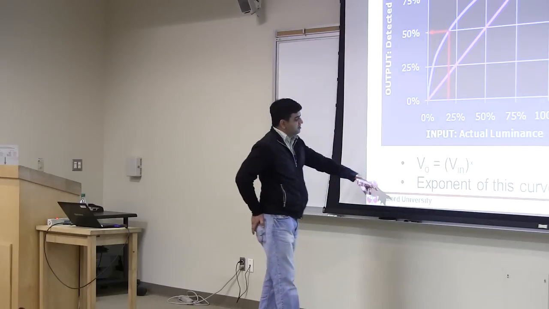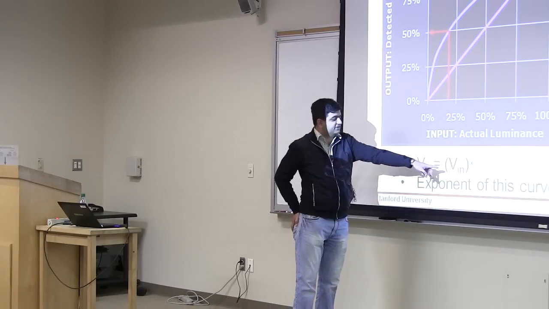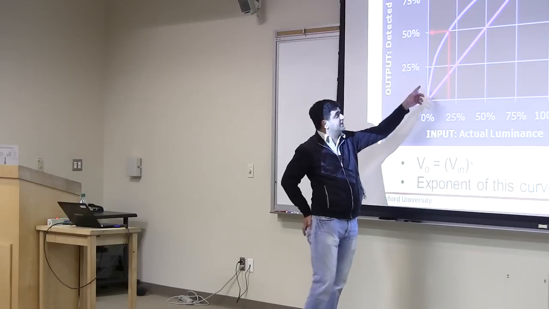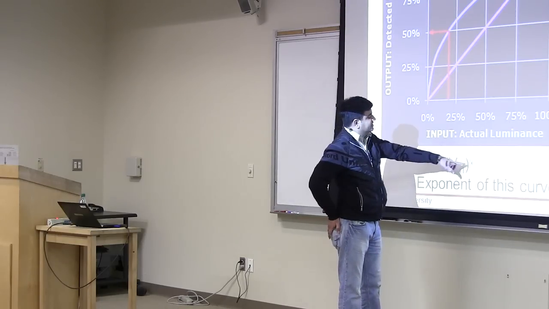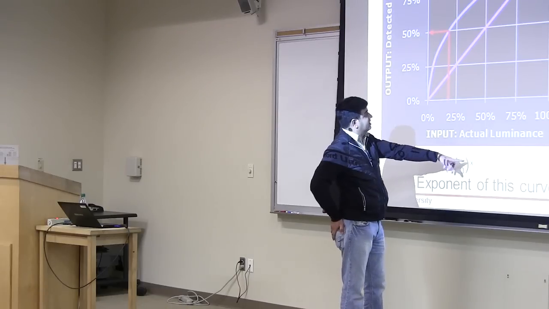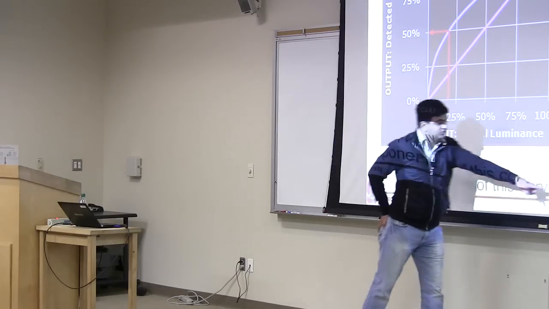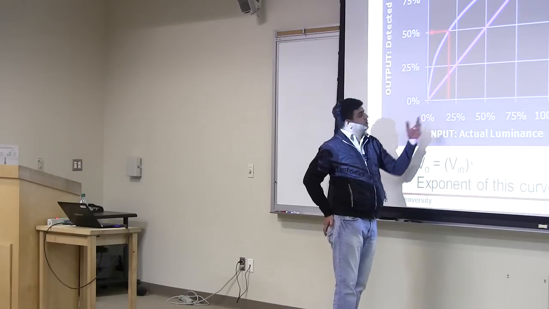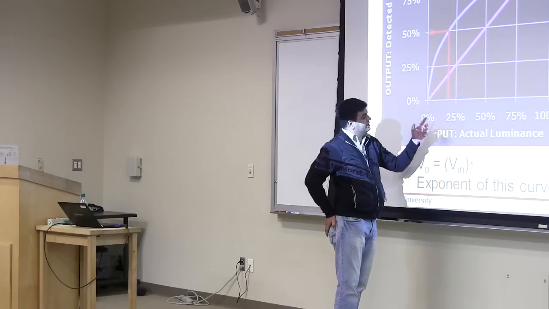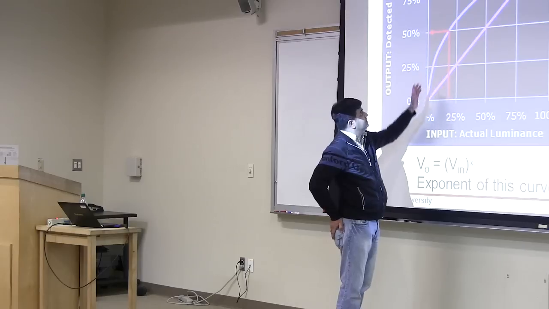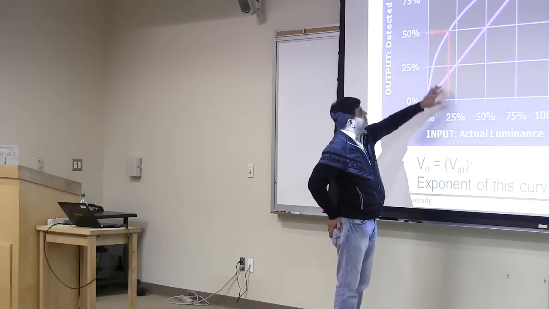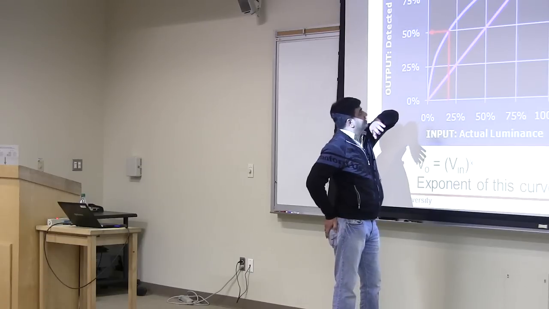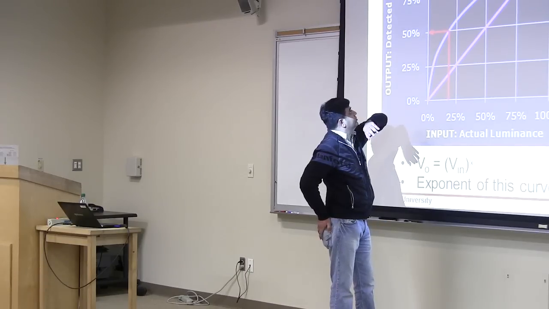So if you plot our output function as a function of the input, it would have an exponent which is called gamma, and this exponent is more than 1. Actually, this exponent is 2.2. Our eye responds much more to low intensity of light. You can see this is a straight line, and this is a power function with an exponent of 2.2.